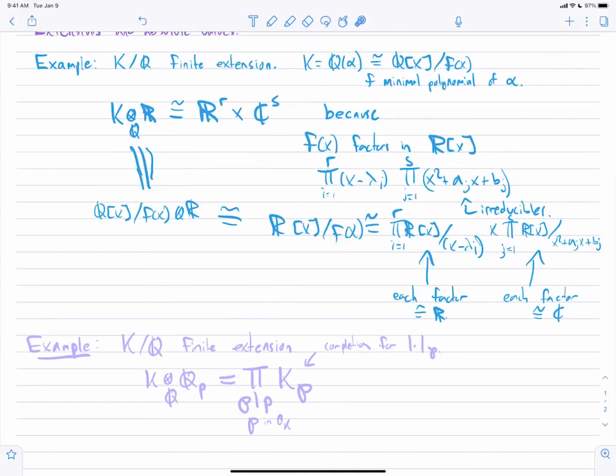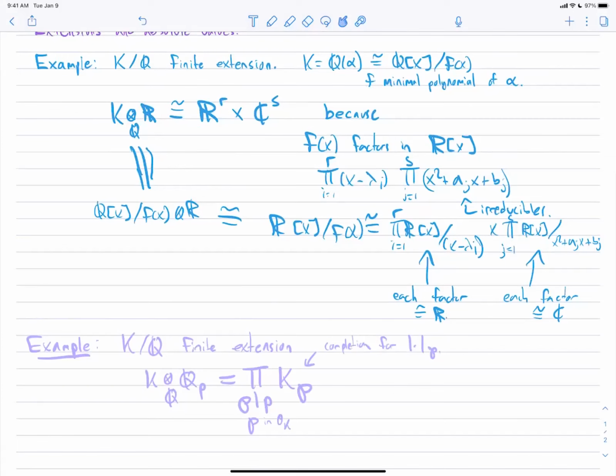The p-adic numbers aren't going to be quite that nice, in the sense that there aren't just two extensions of the p-adic numbers. However, it will turn out that there are only finitely many extensions of the p-adic numbers when you fix a degree. So there are only finitely many extensions of Q_2 of degree less than or equal to 5. Like you saw last week, there were only finitely many quadratic extensions. That's one of the problems on the worksheet.